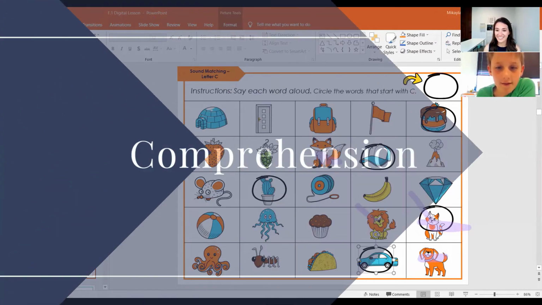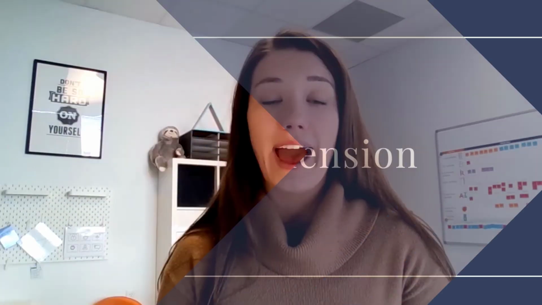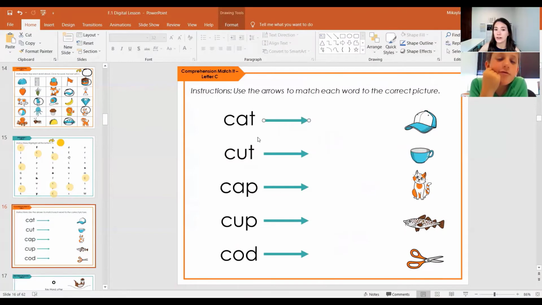In kindergarten, most of the comprehension work that we'll do is looking at the word level. So asking students to match words with pictures is a great way to start building that vocabulary and word level comprehension. So this first word, cat, cat. Where is our picture of a cat?